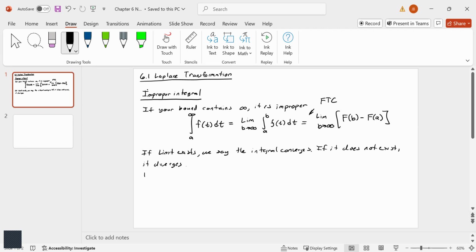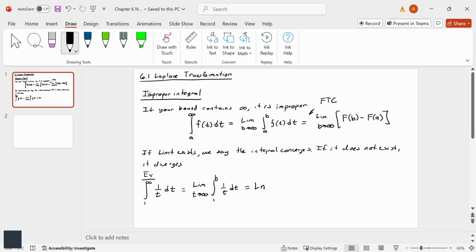So we're going to do one, a very simple one: the integral from 1 to infinity of 1 over t dt. The first step is to write it as a limit. So the limit as b approaches infinity of the integral from 1 to b of 1 over t dt, where we know the integral of 1 over t is the ln of the absolute value of t.